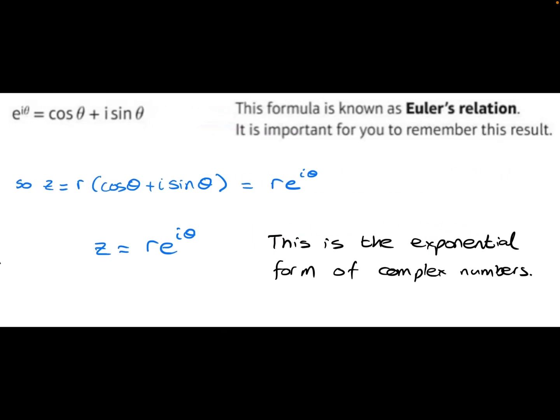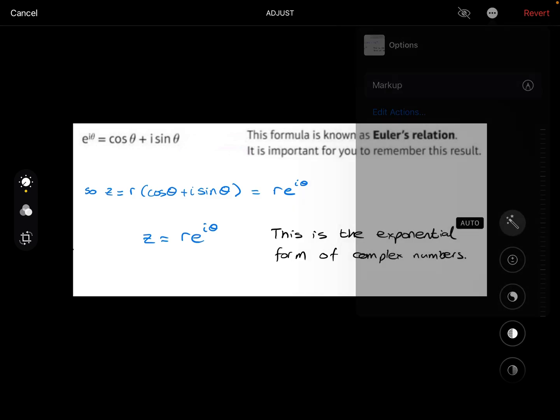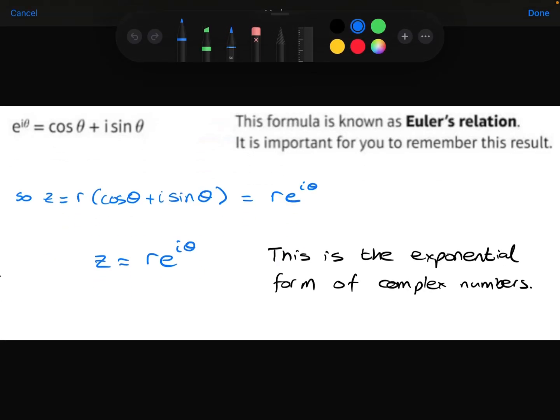So we saw in year 12 that a complex number z can be written as r times cos theta plus i sine theta. That's our modulus argument form. And using Euler's relation, I can replace that cos theta plus i sine theta. So I'm just replacing this with the e^(i theta).